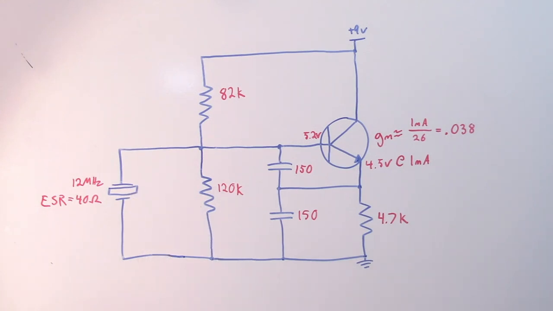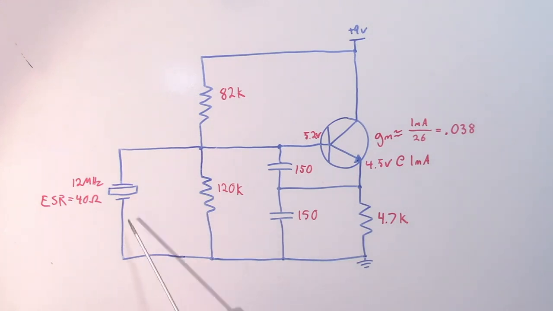So usually what you get in the datasheet is an equivalent series resistance, and it's a maximum equivalent series resistance. And for a 12 megahertz crystal, it might be something like 40 ohms. So this is really just an approximation. You don't really know what the ESR is going to be.